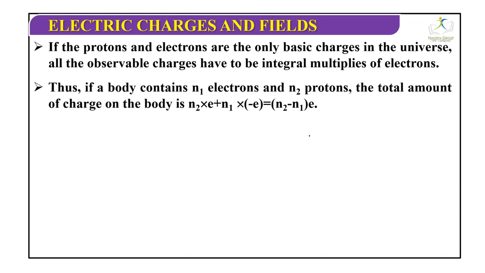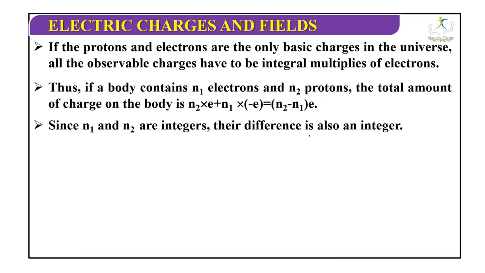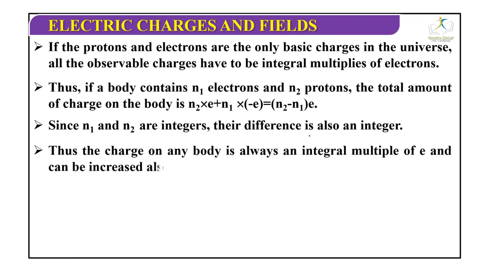This is the total charge of the body containing both positive and negative charges. Since n1 and n2 are integers, their difference is also an integer. n1 may be 2 or 3, like this. Clear? n1 and n2 may or may not be the same, but the most important thing is that both are integers.